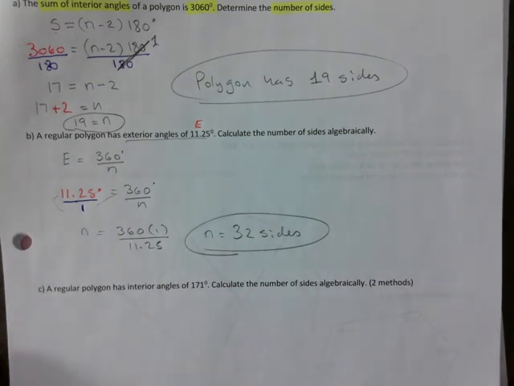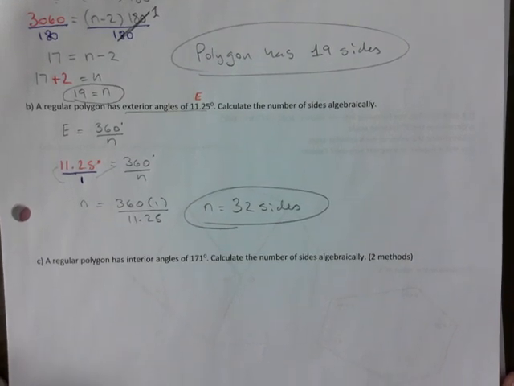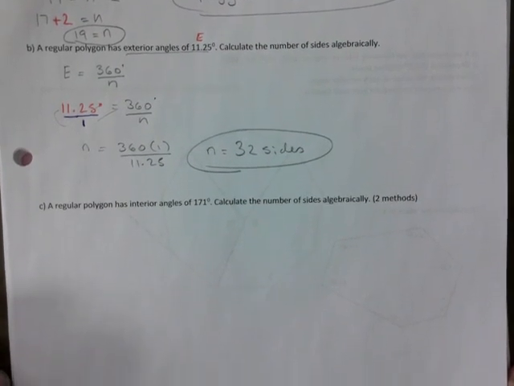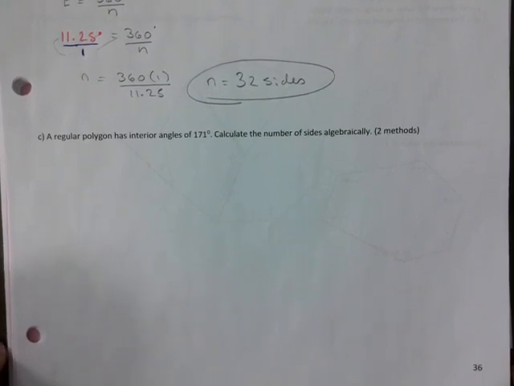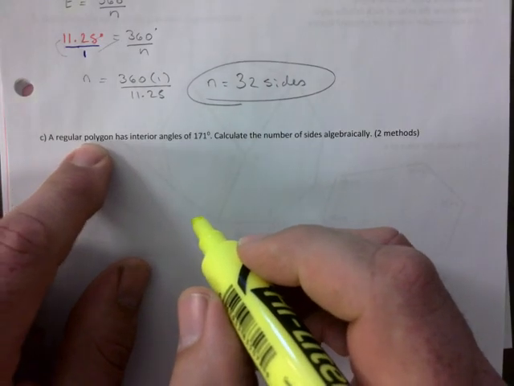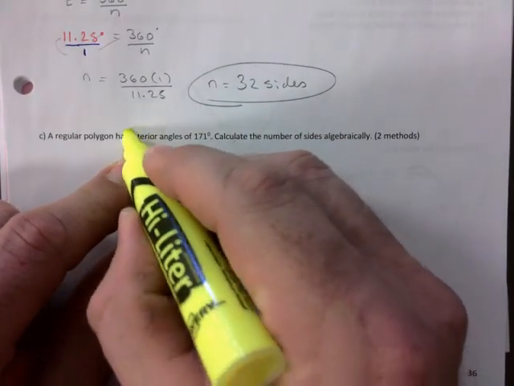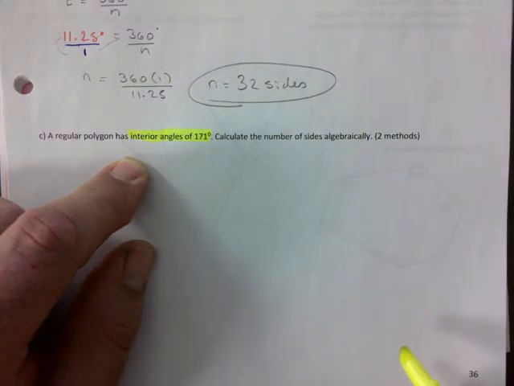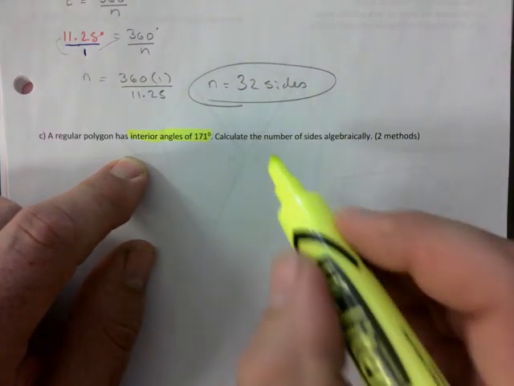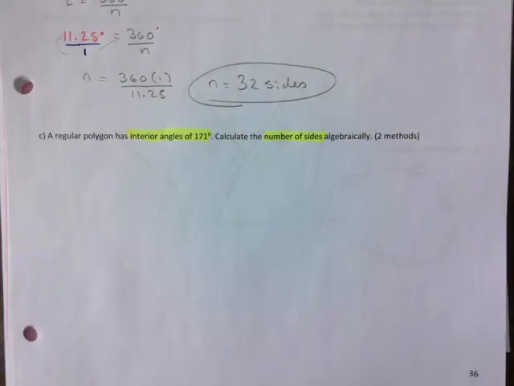One more. This one, I'm going to show you two methods of doing this one. You choose which method is more convenient. I will not make you choose one over the other. But let's do this one together. A regular polygon has interior angles of 171. Calculate the number of sides algebraically.